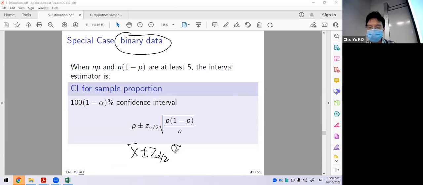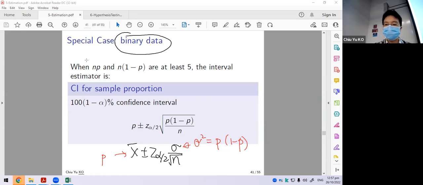This is this guy. What we are doing is estimating this by this, so that's why you take a square root. That's how you come up with this one. And x bar is p. So everything is the same formula.